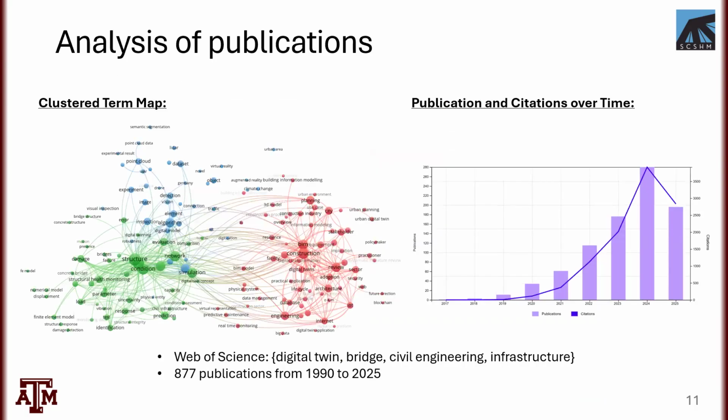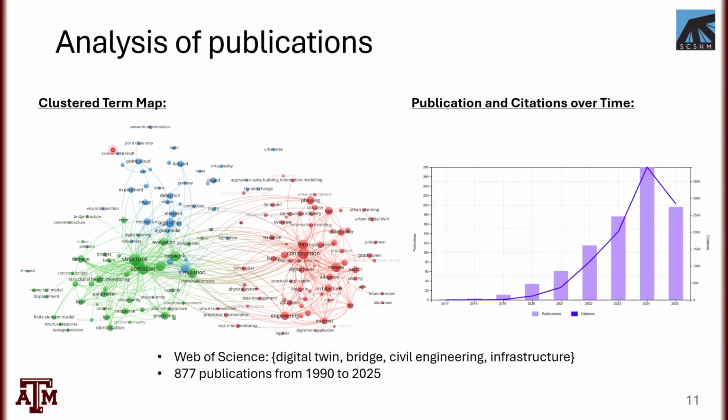Before this session, I did a quick keyword-based search on Web of Science, looking at terms like digital twin, bridges, buildings, civil engineering, infrastructure, and developed this cluster term map. Most of what I found is the literature is currently focused on SHM quite a bit, as can be shown in the green. In the red, there's a lot of work being done in construction, advanced or accelerated construction.